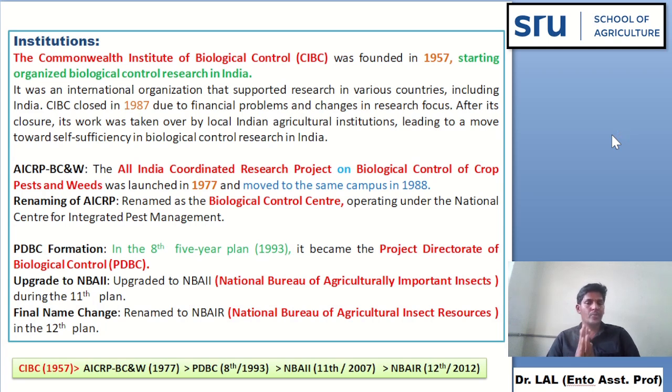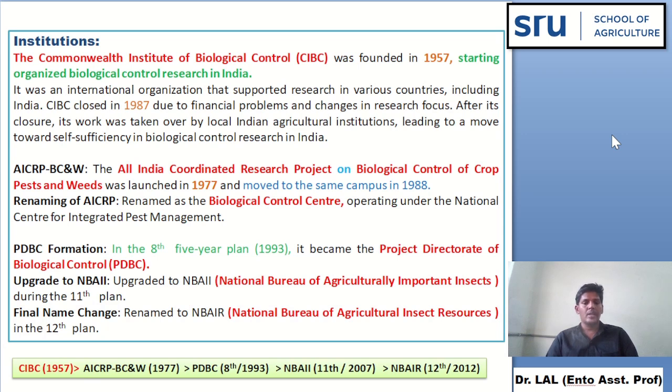But this institute was closed in the year 1987 due to financial problems and changes in research focus. After its closure, its work was taken over by local Indian agricultural institutions.